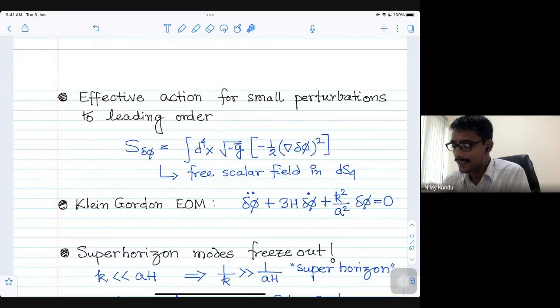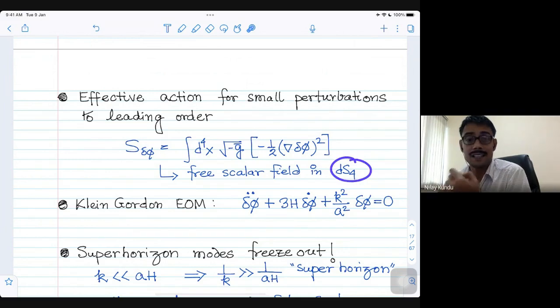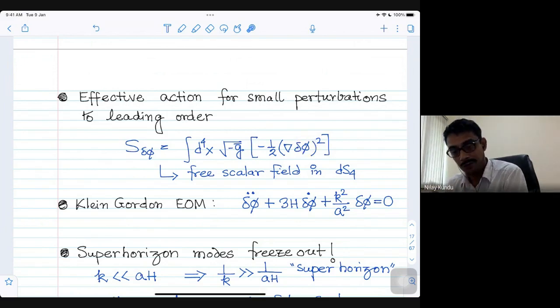So this looks like a free scalar field in de Sitter space. That's why I'm telling you that even if the symmetries of the space-time are slightly broken, we can still study the perturbations as if they are some free scalar field on top of a fixed exact de Sitter background.